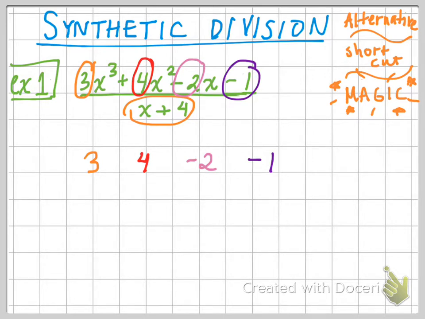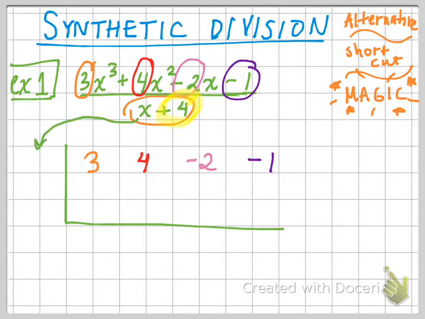And now we set up this little bar, which is our synthetic division bar. I'm intentionally leaving some space underneath my numbers because I'm going to write another row of numbers there. Okay, and now to the left of my synthetic division bar, I'm going to put the constant term from the bottom. So that plus 4 is going to become a part of what I'm doing.